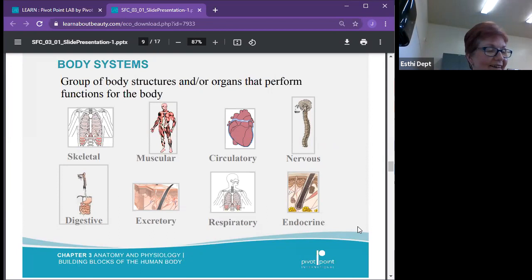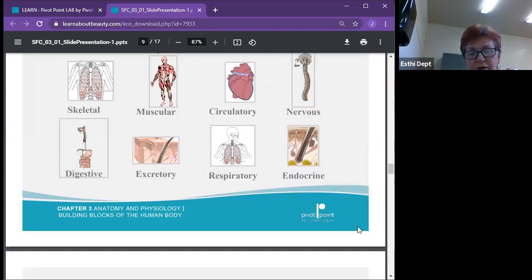And then the last word is screen, S-C-R-E-E-N. Dr. I.M. Screen is the first letter of each one of those systems, all 10 of them, to help you remember them. It goes through skeletal, muscular, just like we were talking about. It's an easy way to remember all 10 systems.